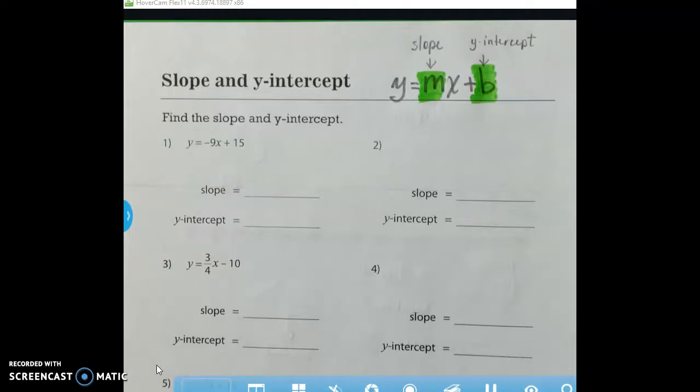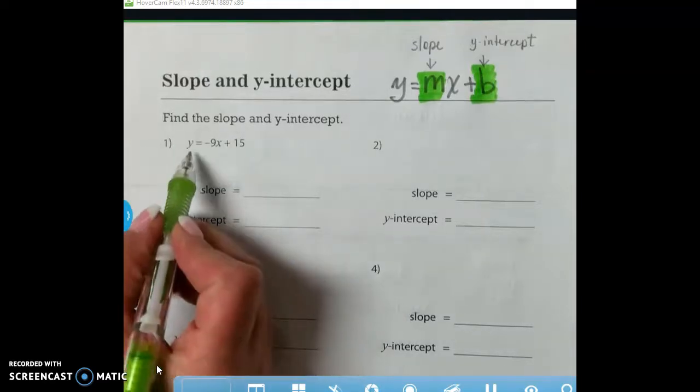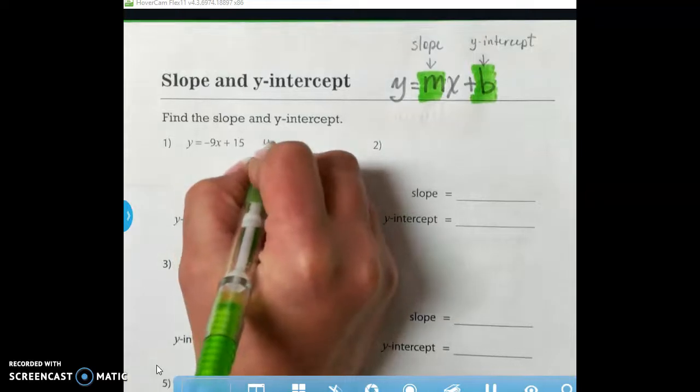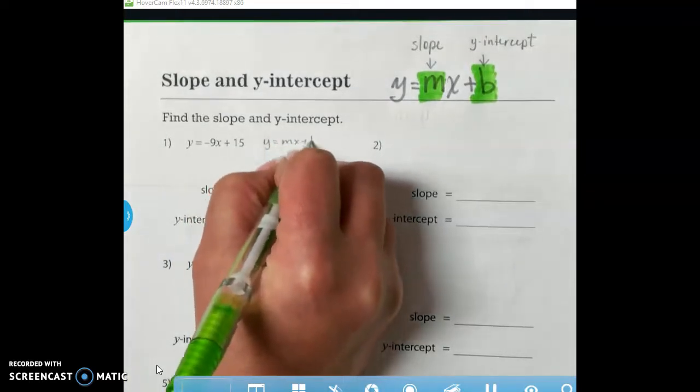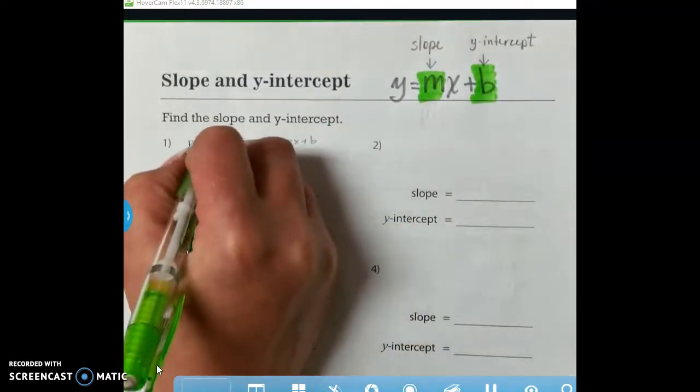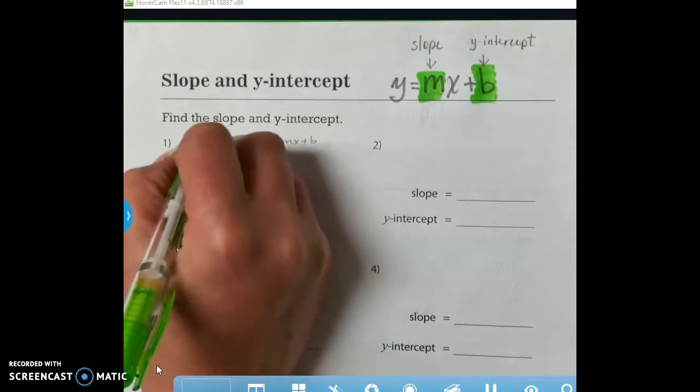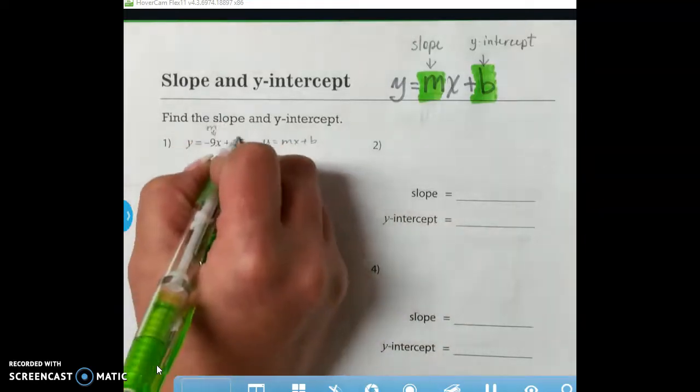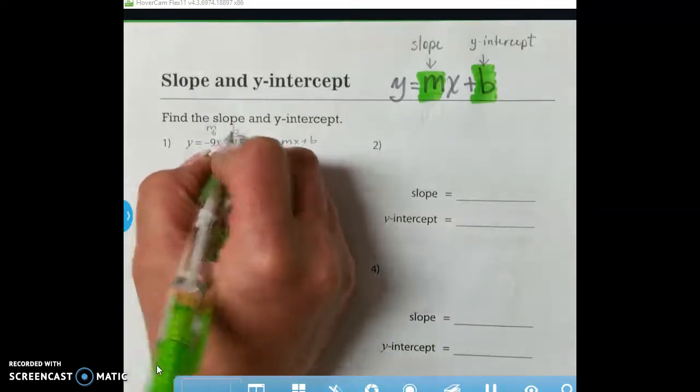Okay, so we are always, or at least for the first few weeks, going to have the same format of our equation. So when I say, does this equation look like y equals mx plus b, you would say yes, because negative 9 is our m, 15 is our b.